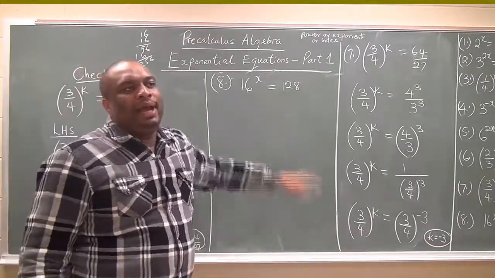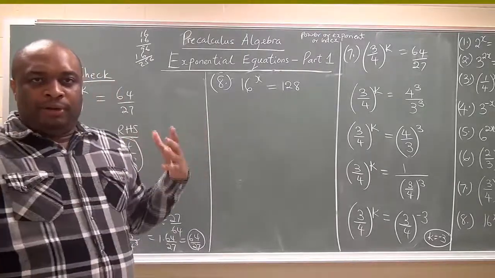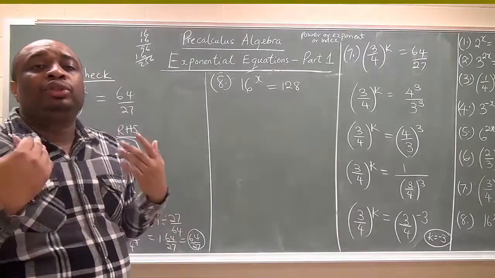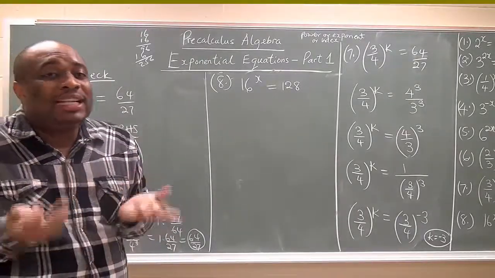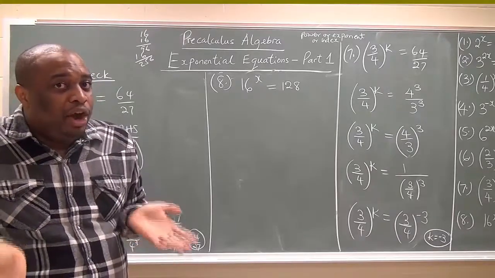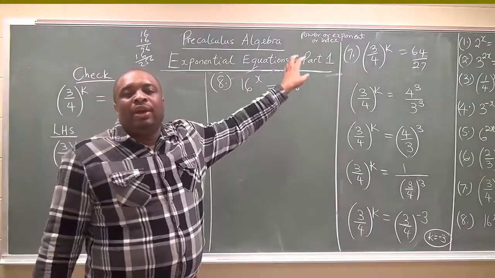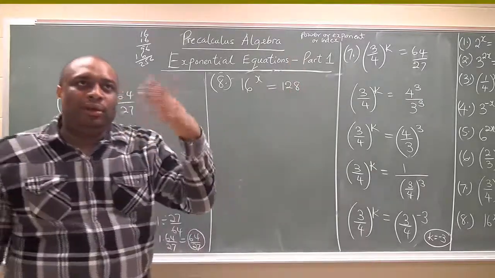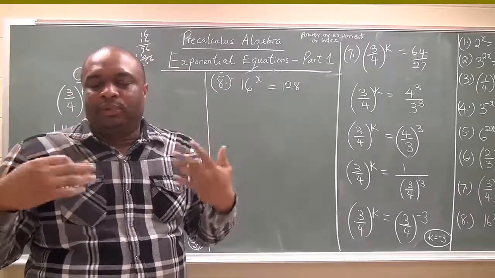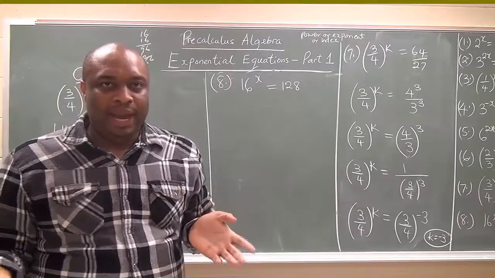If you look at it and you see that the base is not a multiple of the other, you try and see whether you can express it in a smaller, common base. Since we cannot express 128 as 16 exponent something, we have to look for a smaller base that we can.